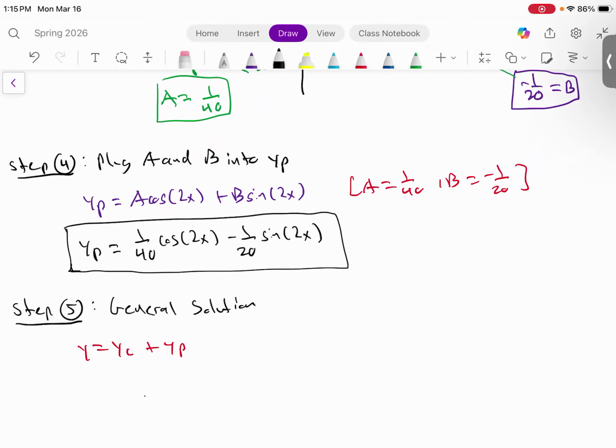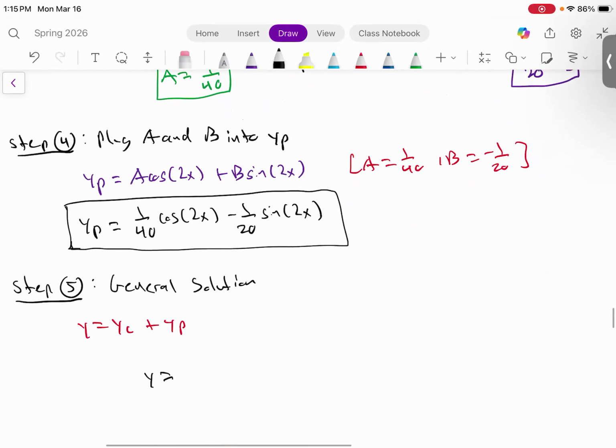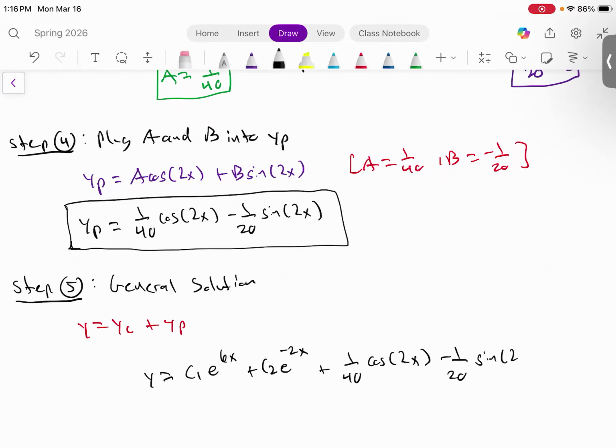So our general solution to this non-homogeneous differential equation that we've been working on would just be C1 e to the 6x plus C2 e to the negative 2x plus 1 over 40 cosine of 2x minus 1 over 20 sine of 2x. And that is the general solution.